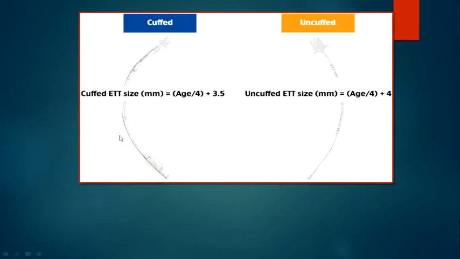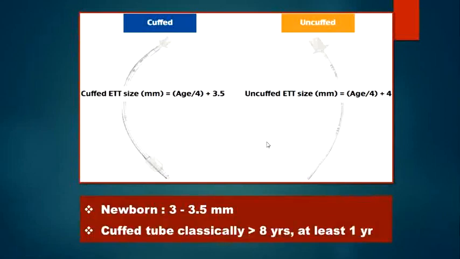Now we have an equation to know the appropriate size of a cuffed or uncuffed tube if we don't know these tables of sizes: the age of the patient over 4 plus 3.5 for the uncuffed, or the age over 4 plus 4 for the cuffed.